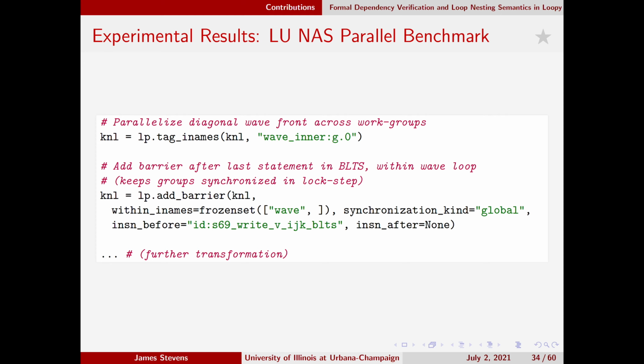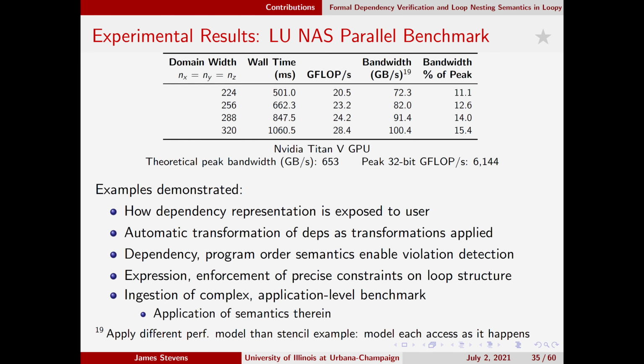Then we parallelize the wavefront across workgroups and add a barrier to synchronize them in lockstep. Here are some results. Note that in calculating the bandwidth in this case, we apply a different performance model than before, counting each memory access as it happens rather than just the footprint of the accessed data.